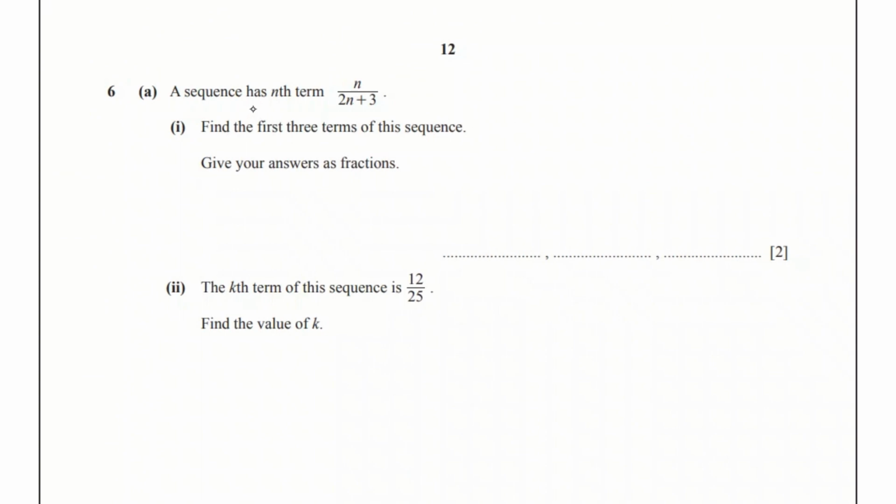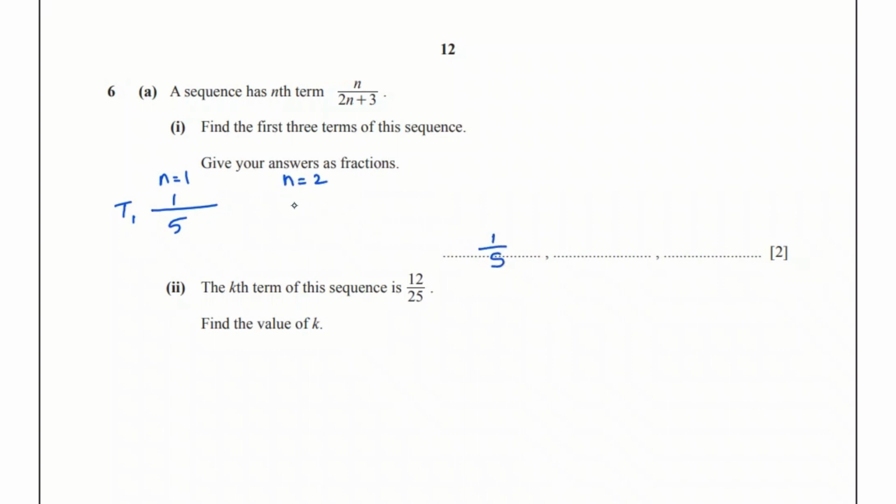Okay, now the sequence has nth term n upon 2n plus 3. Find the first three terms of this sequence. So when n is equal to 1, it is going to be 1 upon 2 into 1 is 2, 2 plus 3 is 5, so we get 1 upon 5.